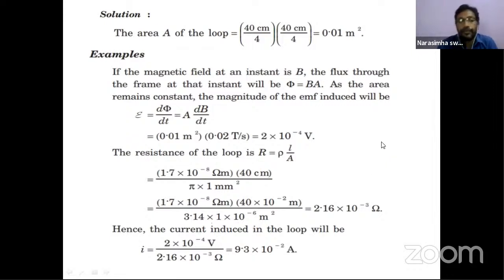This is the current. Just for getting the induced current, the rate of change of magnetic flux is given, right? And the resistivity of the material is given. So with the help of that information, we proceed. Now we'll move to the next problem.